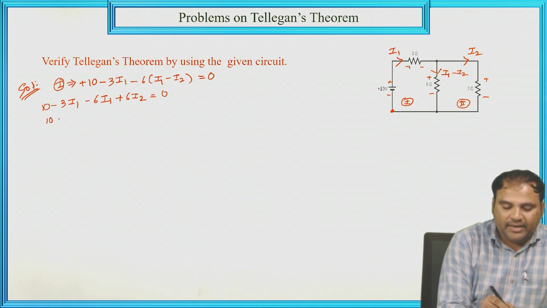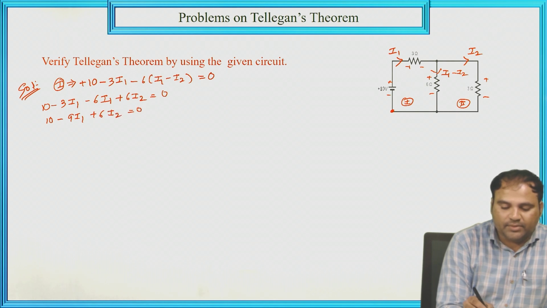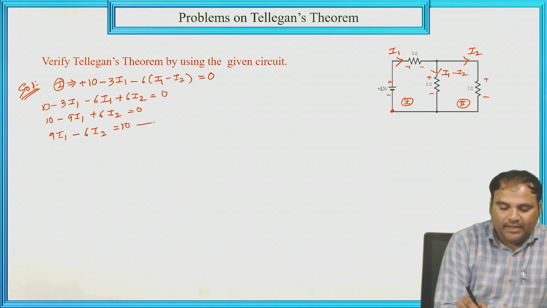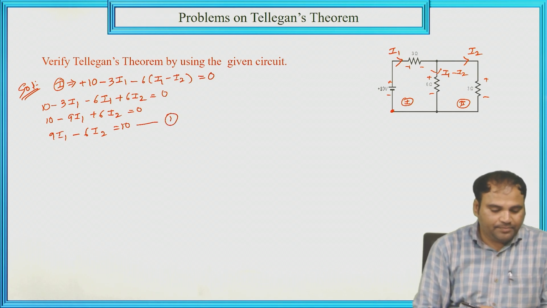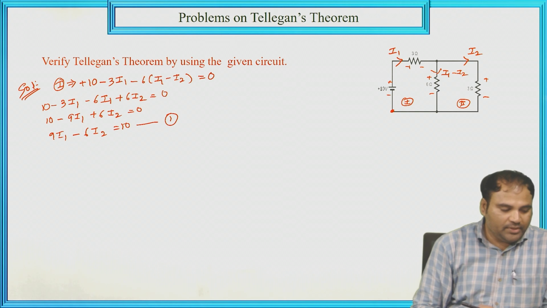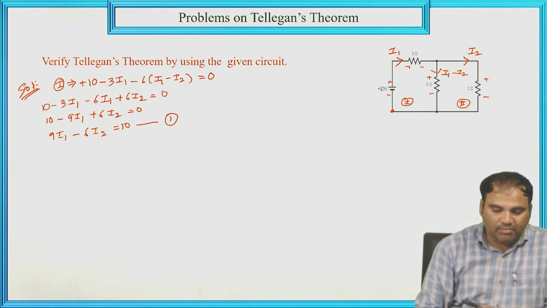So 10 minus 9I1 plus 6I2 equal to 0. Or we can also write 9I1 minus 6I2 equal to 10. Let us take this as equation number 1. So 9I1 minus 6I2 is equal to 10.